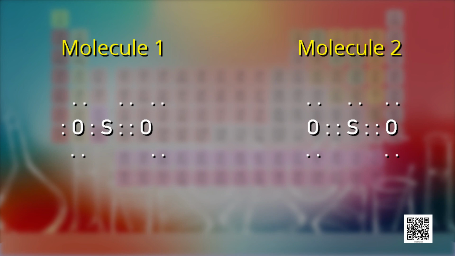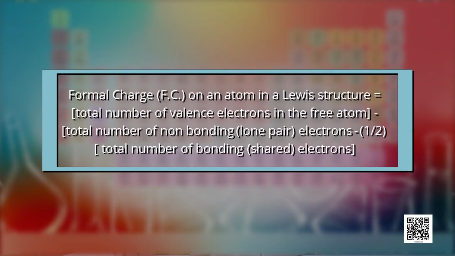So, out of these 2 structures of sulfur dioxide molecule, which one is stable? Well, you will say the one with the lowest energy, but naturally, how can you tell that this is the one having the lowest energy? It is feasible to assign a formal charge on each atom. Let us calculate formal charge. And for calculating formal charge, you have to use the formula which you can see on the screen.